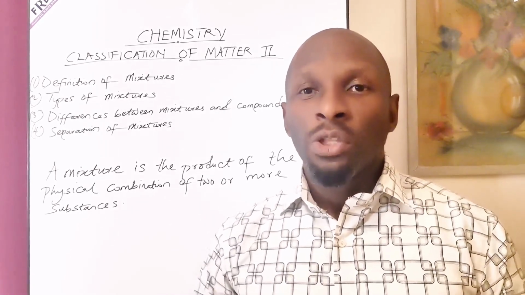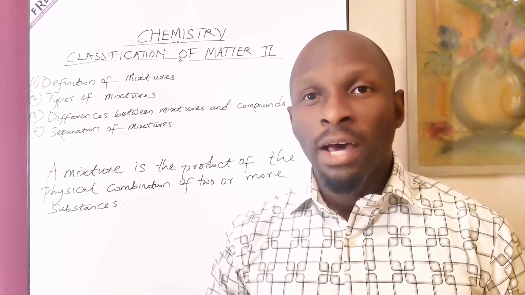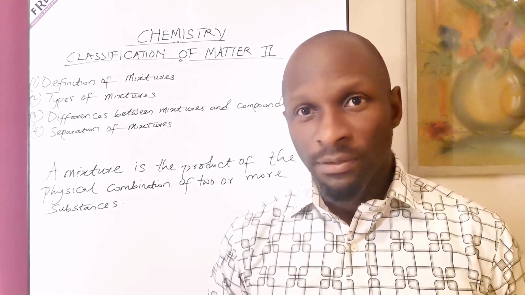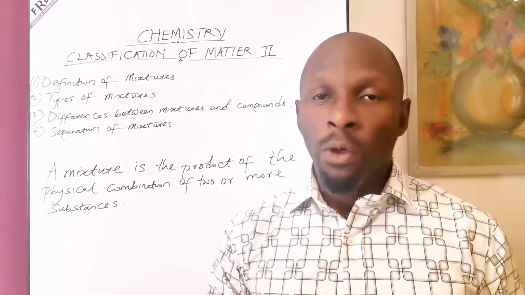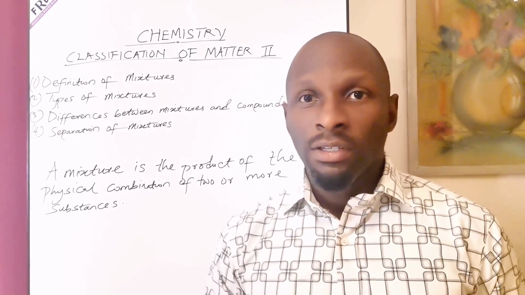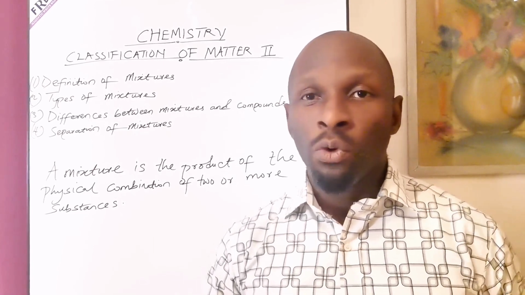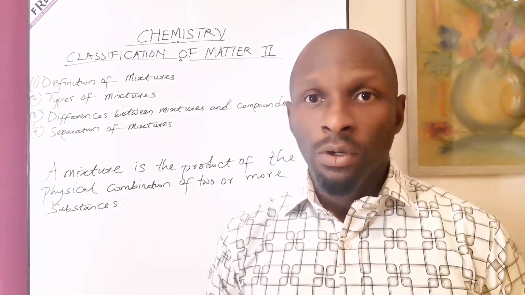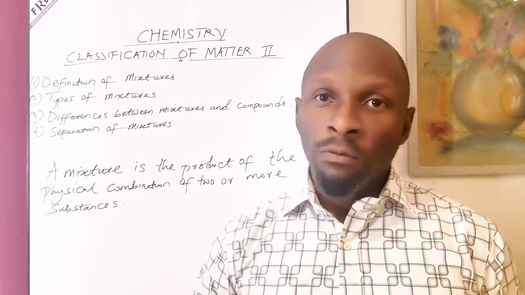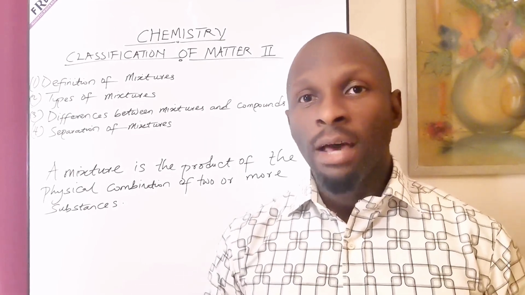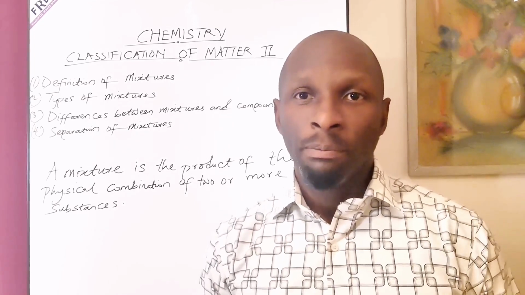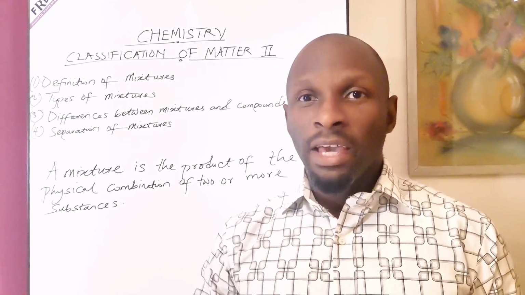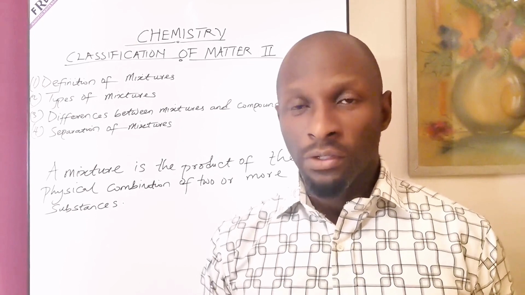Now, we can as well talk about crude oil, which is what? A mixture of hydrocarbons. We can talk about brass, which is what? A mixture of copper and zinc. So there are so many examples of mixtures. Okay? When you dissolve salt in water, it is a mixture because there is no chemical reaction taking place between them. Okay? So these are examples of mixtures.